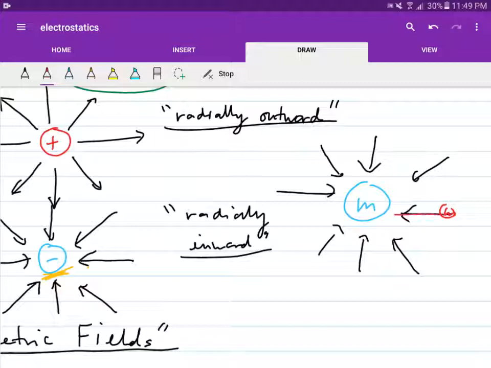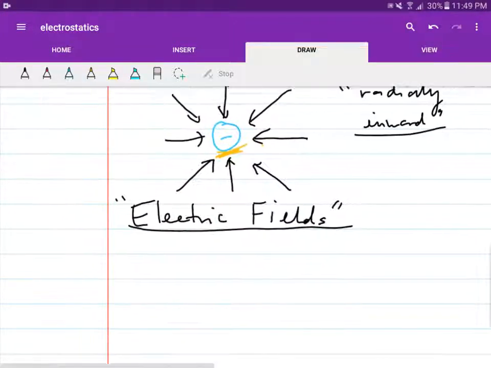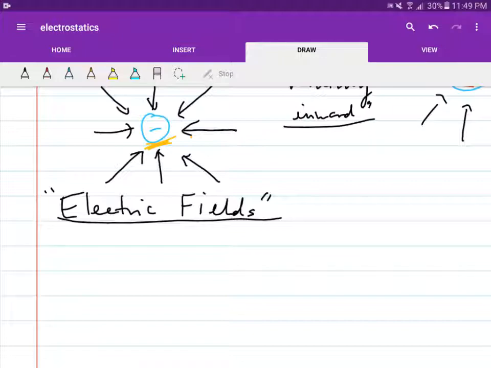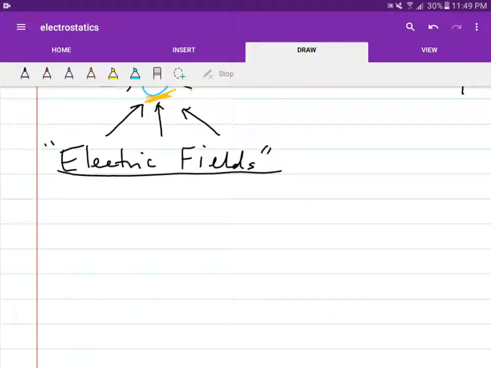This mass will go towards this other mass. It will attract this other mass. So with this electric field, we can now explain Coulomb's law.